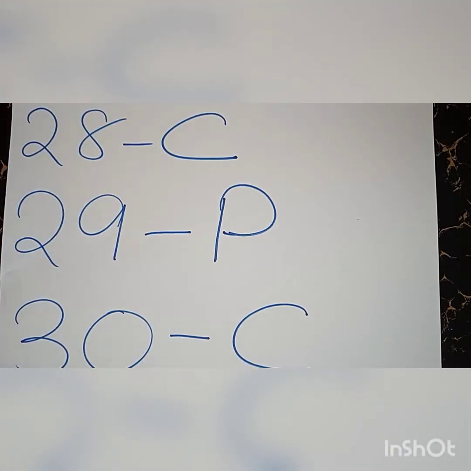Okay? So that means that we can conclude that every number that is not a prime number is a composite number.